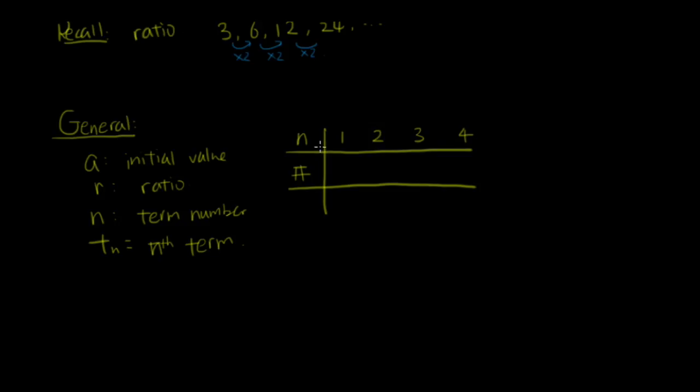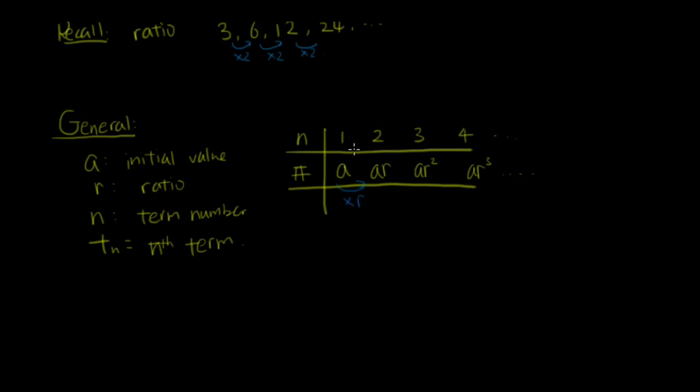When n equals 1, we have a, which is the initial value, and when n equals 2, we have a times r, because the common ratio over here is times r. And then we have ar squared, and then ar cubed, and so on.